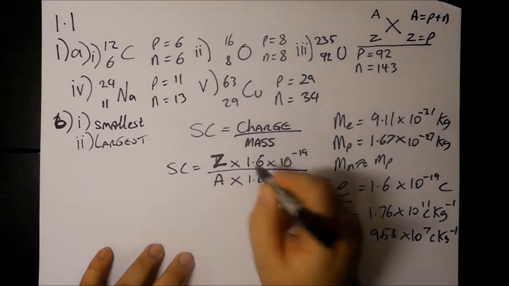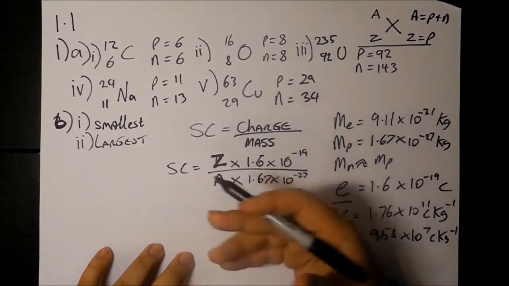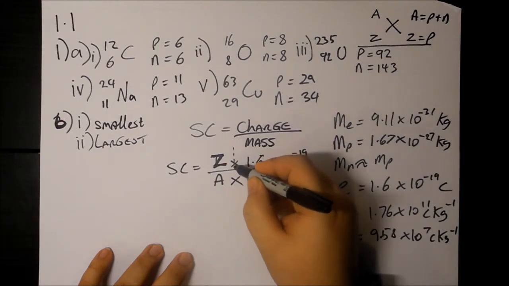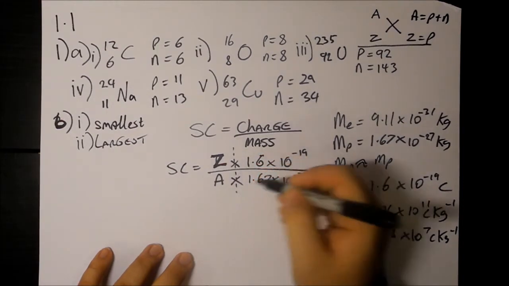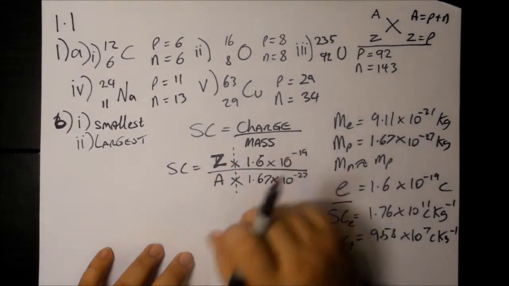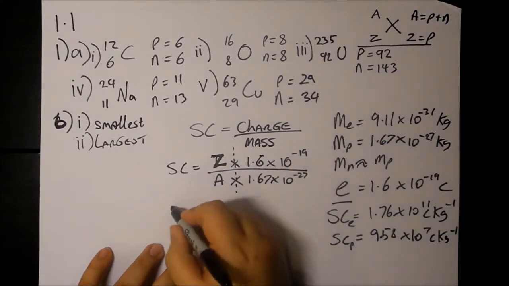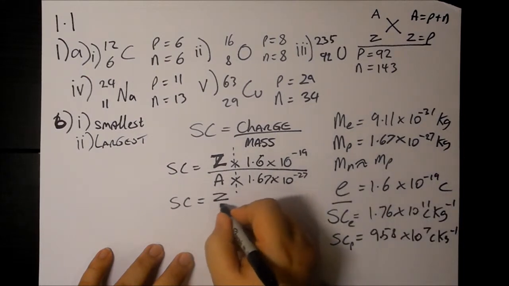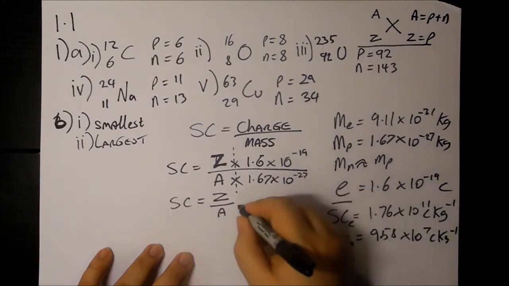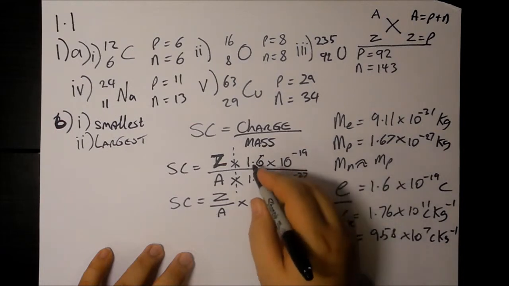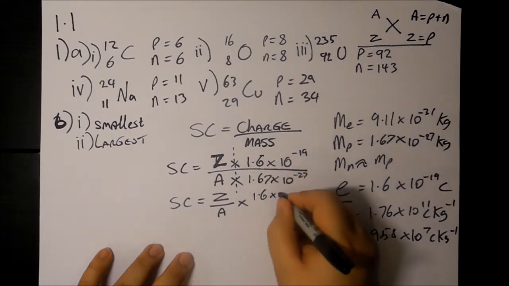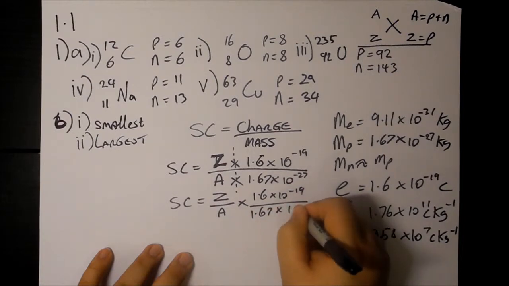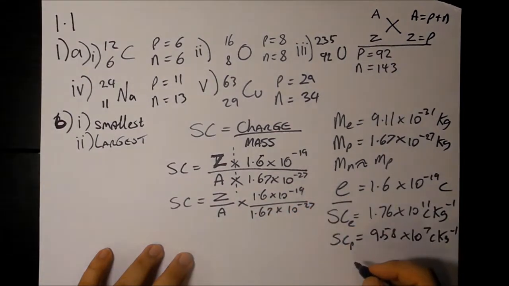Now what we can do, again this is possibly in more detail than is needed to answer this question, but it helps us get our head around it. We can do a little bit of maths. We can split this fraction because we've got a times and a times above each other. And we can say that in general terms, the specific charge is going to be Z over A times this part, 1.6 times 10 to the minus 19 over 1.67 times 10 to the minus 27.